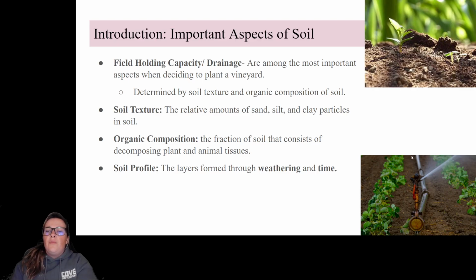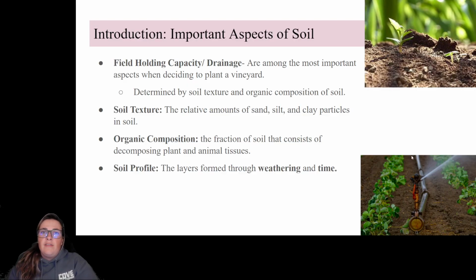Okay, so there's a couple of things that we look into for soil right off the bat that are extremely important. One is the field holding capacity and drainage. Is your soil going to be able to retain enough water to let your plants live, right? Is it going to drain well enough that they can get enough oxygen in their roots and to prevent any waterlogging or decay?